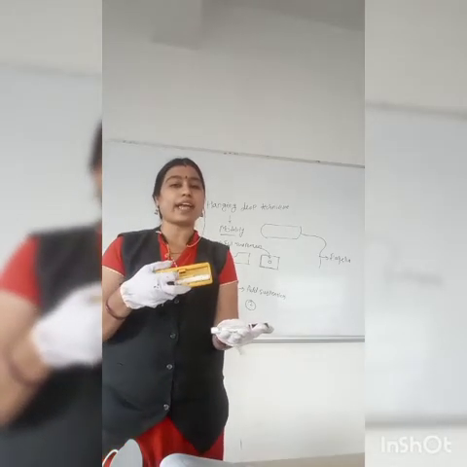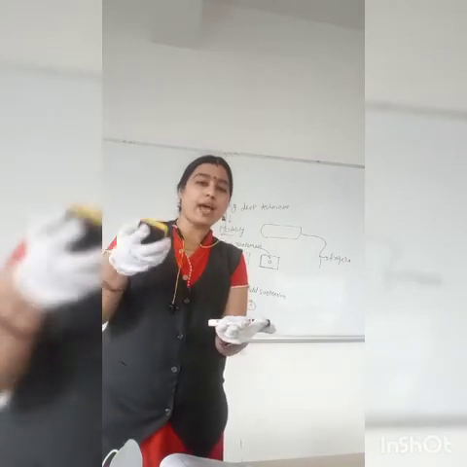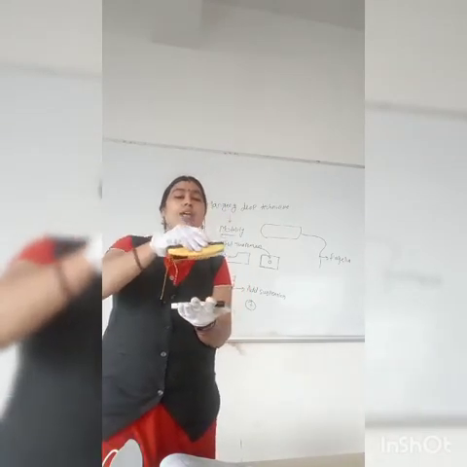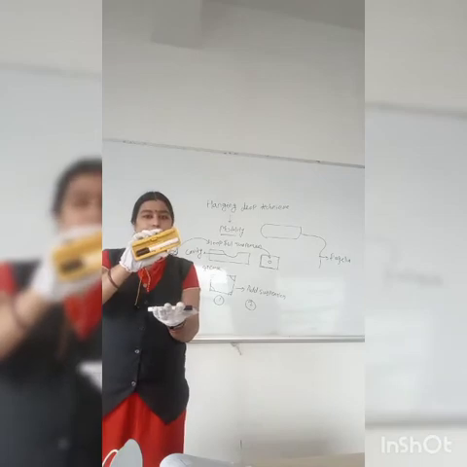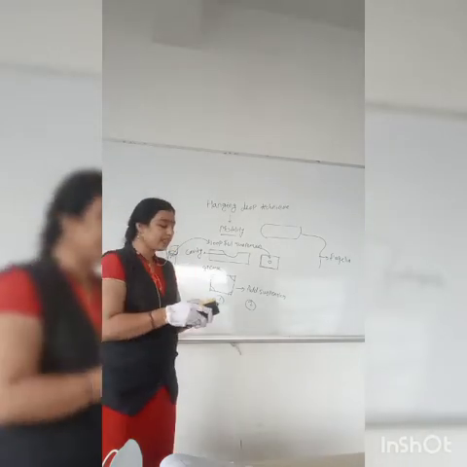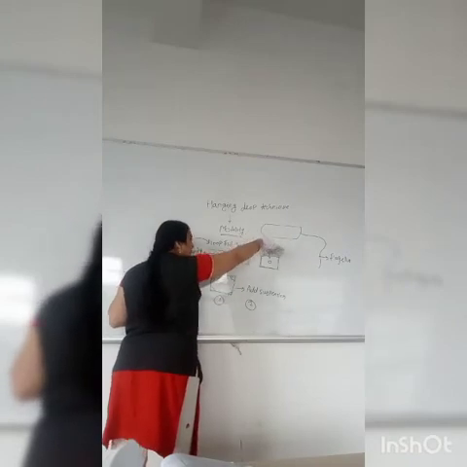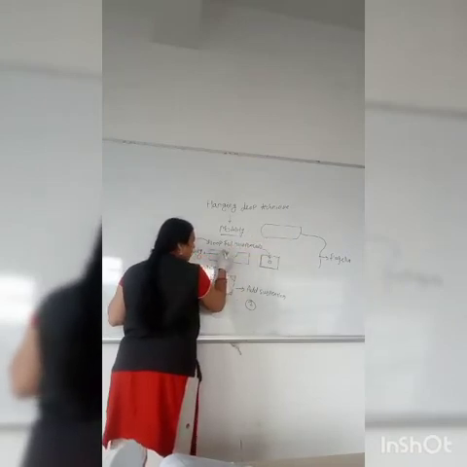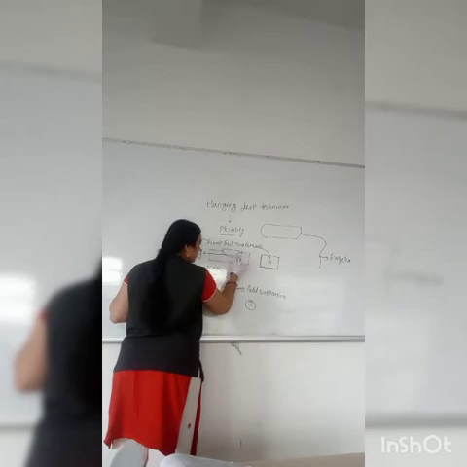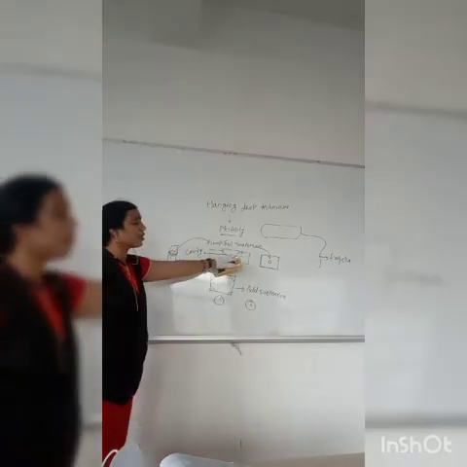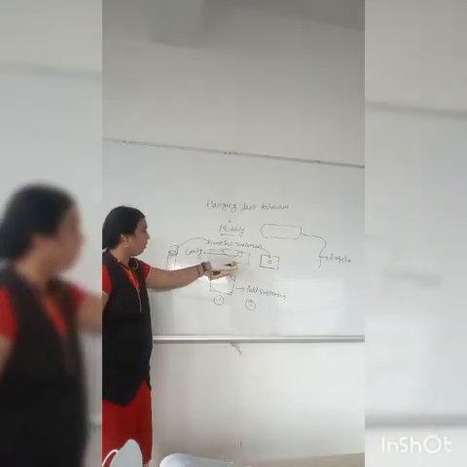See here, there is a cavity. So we have to rotate or invert this cavity slide. How is it inverted? Like this. You have to invert it on this cover slip. So the cover slip is going to adhere on this cavity.